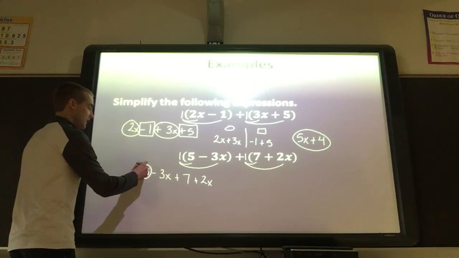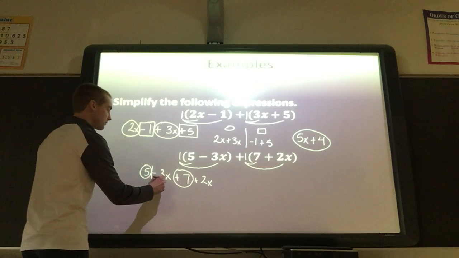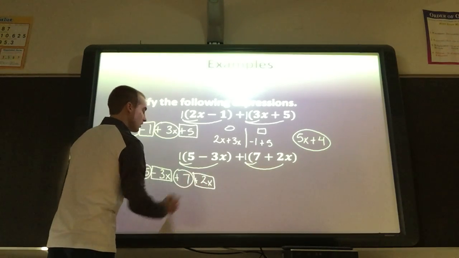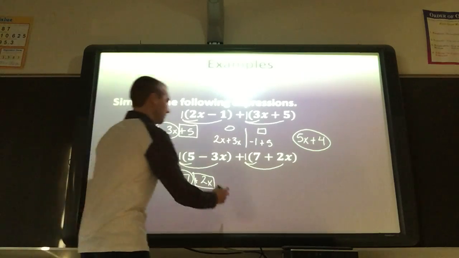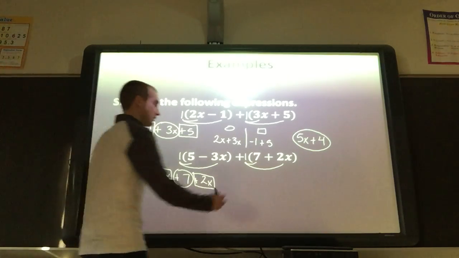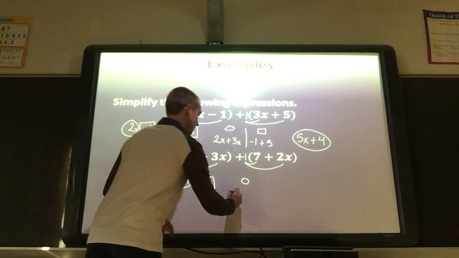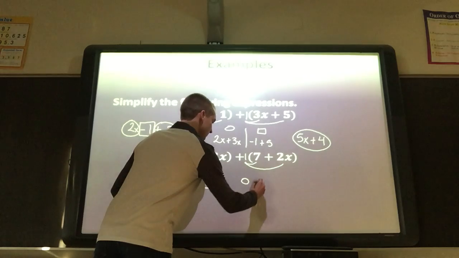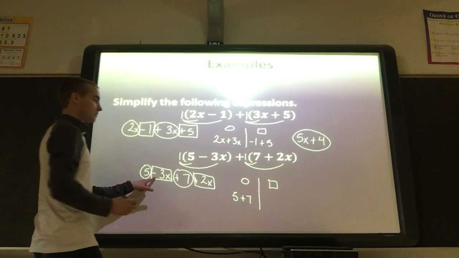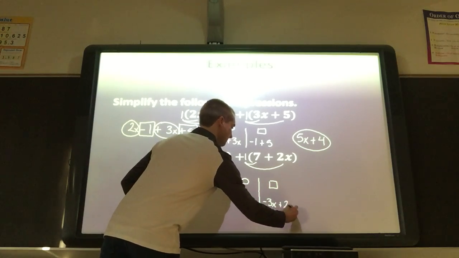I could circle the 5 and I could circle the plus 7, which means I would need to put a box around the minus 3x and the plus 2x. So if I come over here, normally we put our x terms first, but I'm going to do it a little different. I'll put our circles first, which is 5 and plus 7. And then put our boxes next, which was minus 3x and plus 2x.